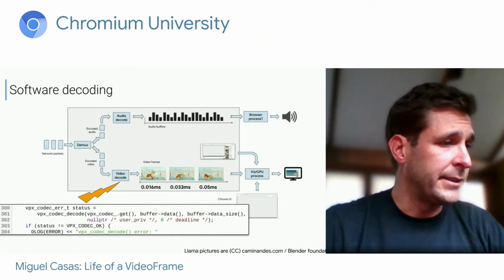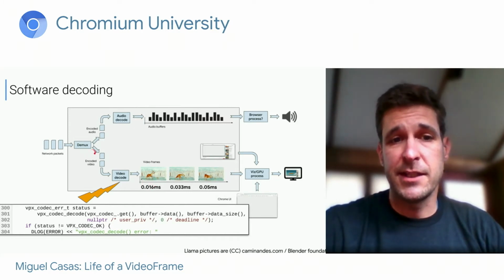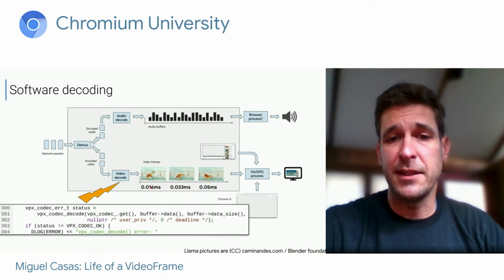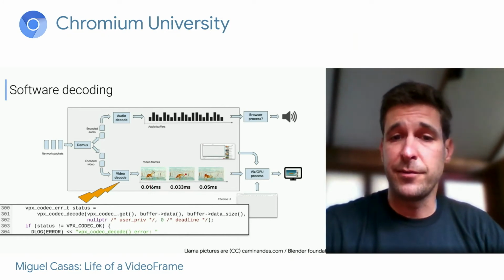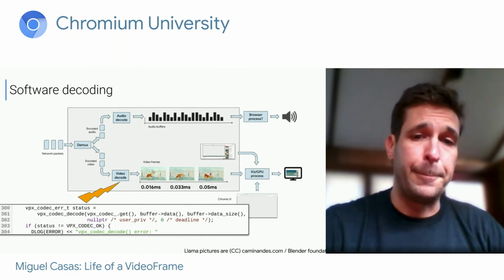More topics. The video frames themselves typically come with a presentation timestamp that, as I said, comes from the container. It basically says these video frames should be presented at 0.016, this one at 0.033, etc. So it has to be super fast.